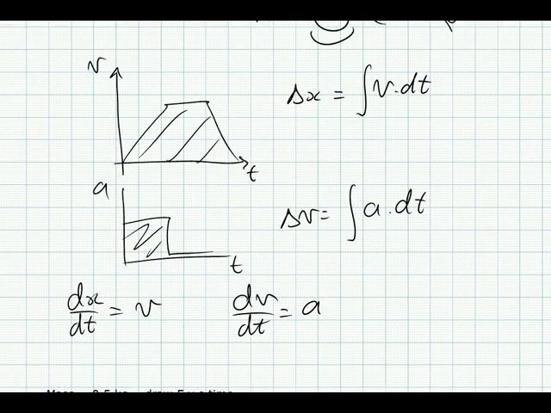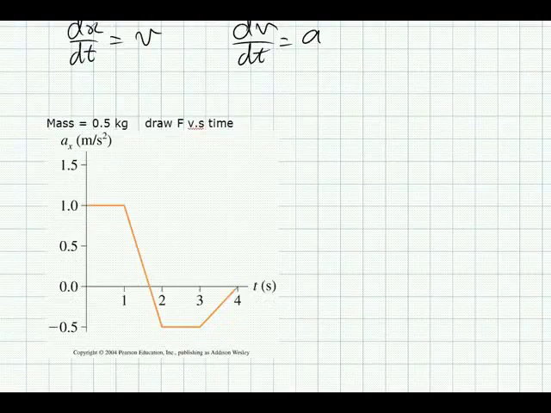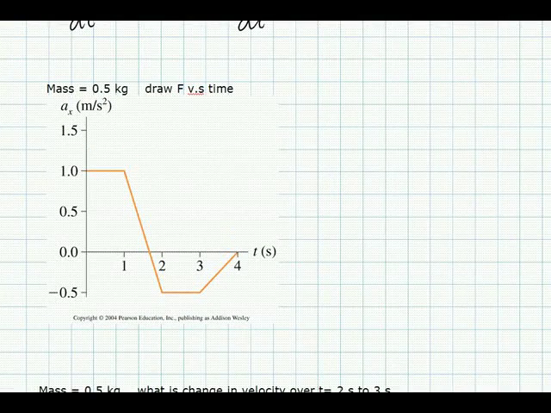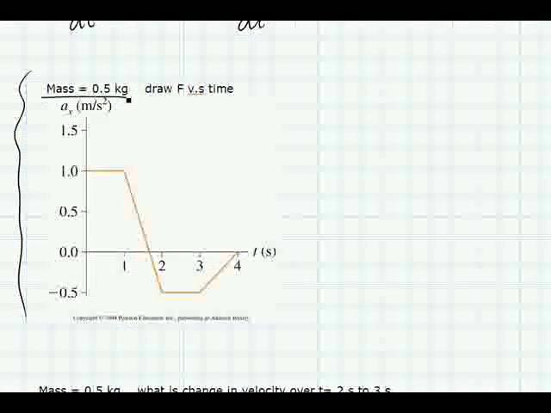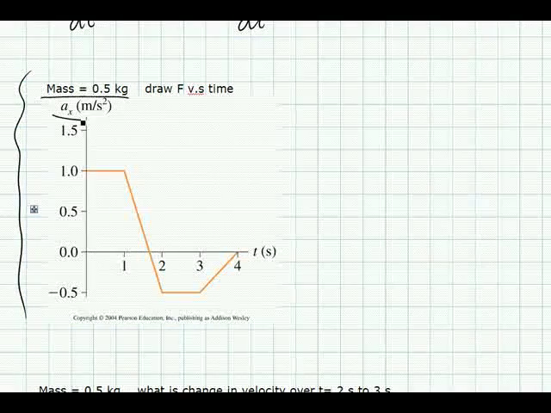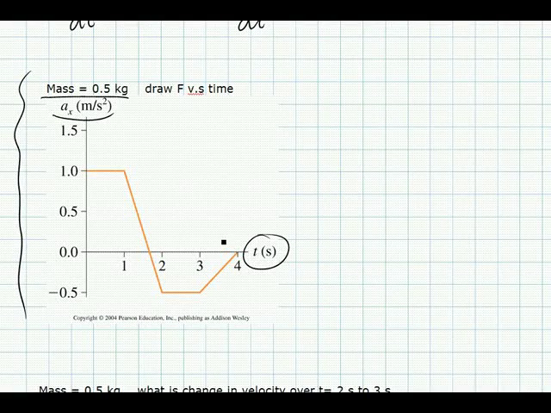Remembering these, if we now go and combine Newton's second law, first of all, let's do this little exercise here. Let's say we have an object with a mass of half a kilogram, and we are given an acceleration versus time plot for that object.